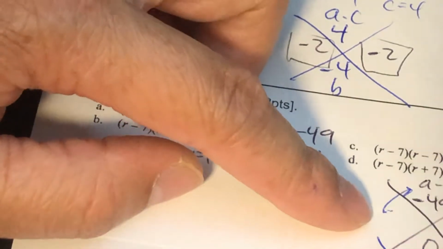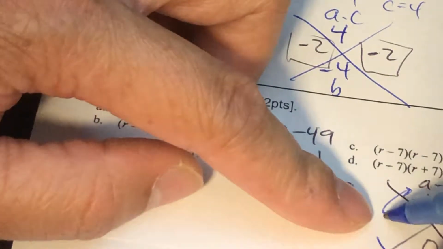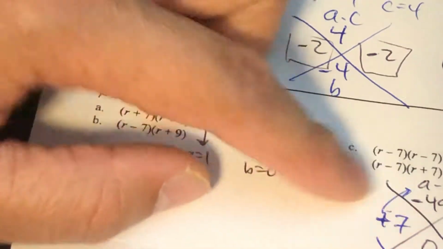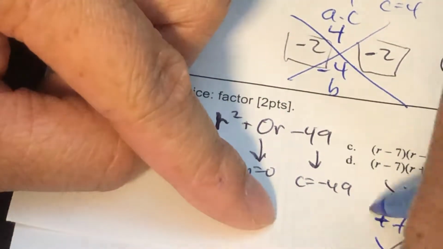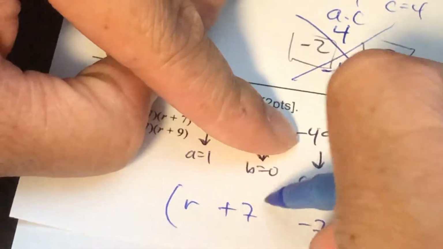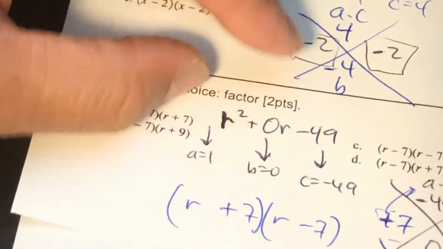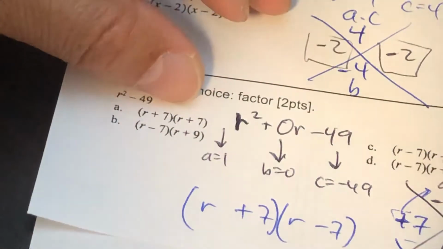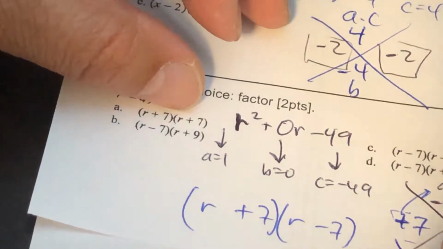So it's going to be two exact same numbers, because positive 7 and negative 7 will add to be 0, but multiply to be negative 49. So the plus 7 and the minus 7 go into our factored form. So our plus 7 and our minus 7 is our answer, and that would be choice D.